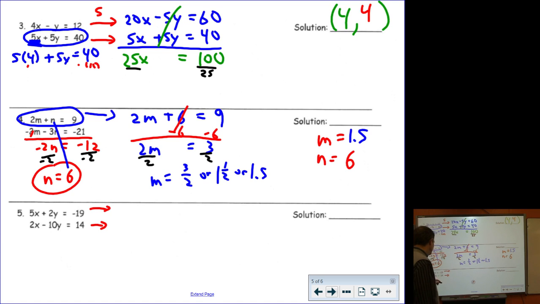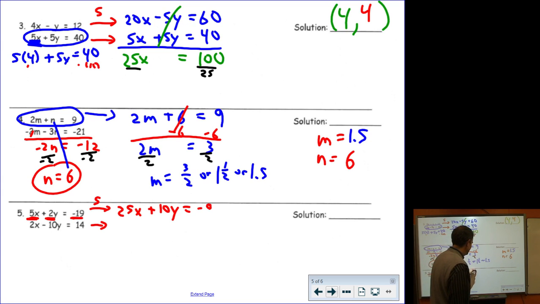The first one, I want it to become a positive 10, so I need to multiply by 5. When I multiply the first term by 5, I get 25x. The second term gives me positive 10y, and 5 times negative 19 is negative 95.